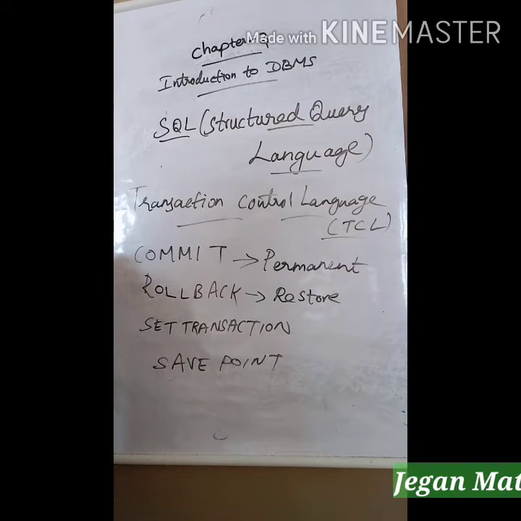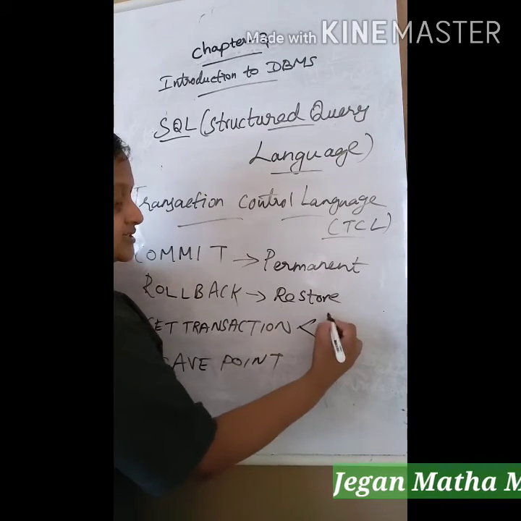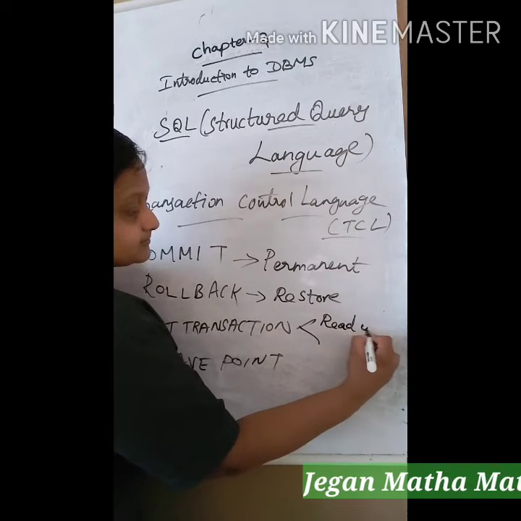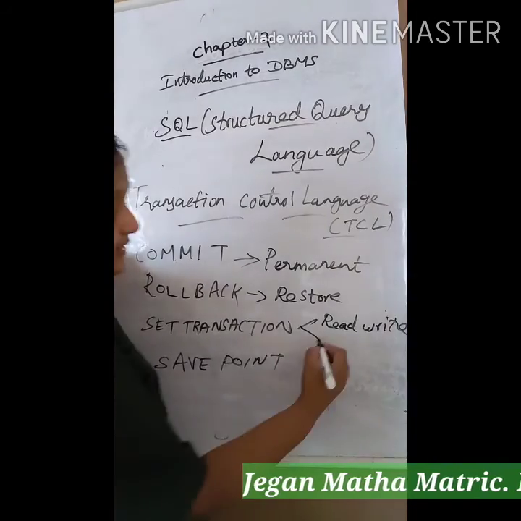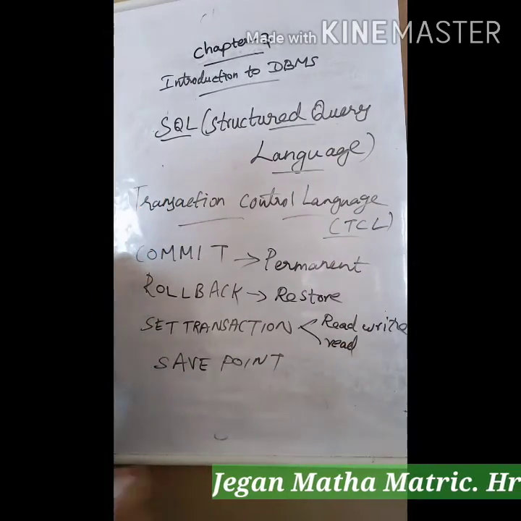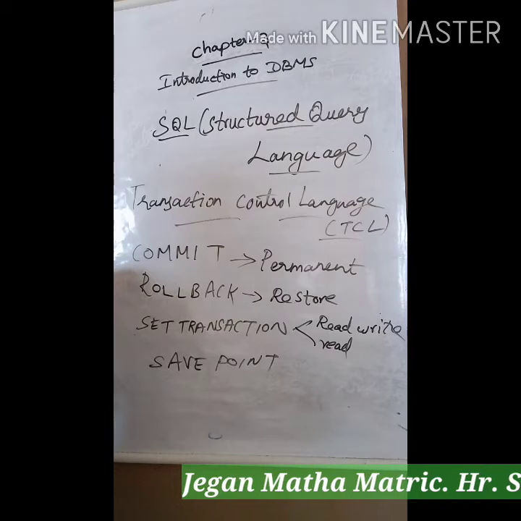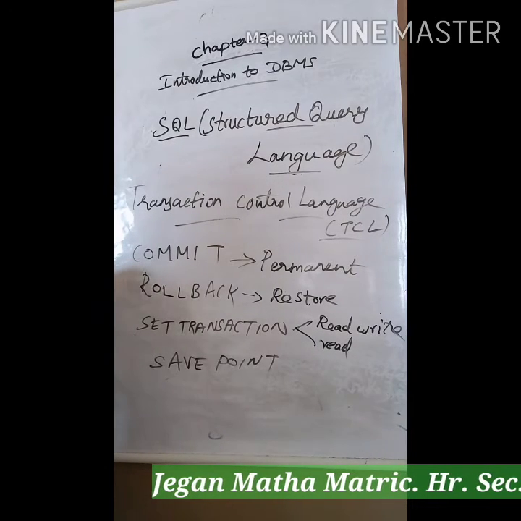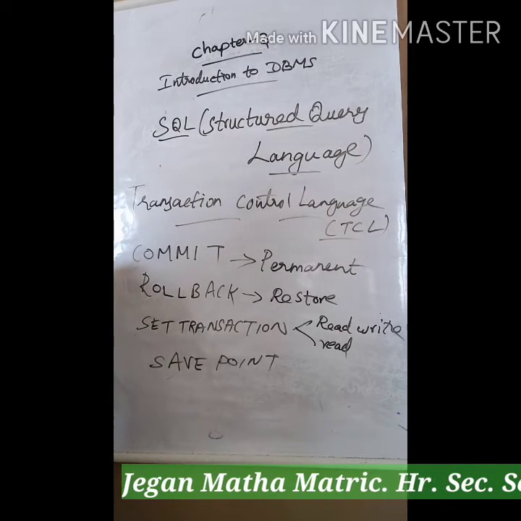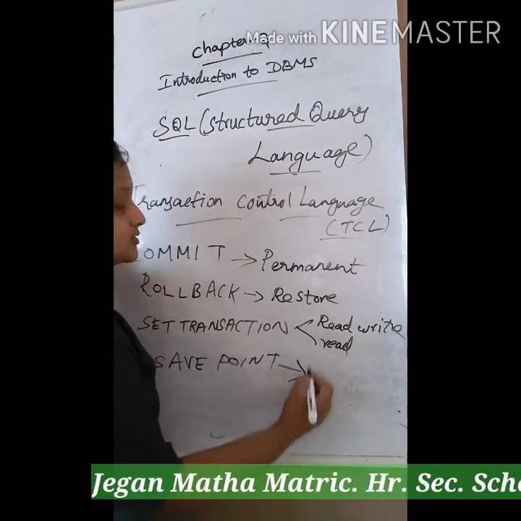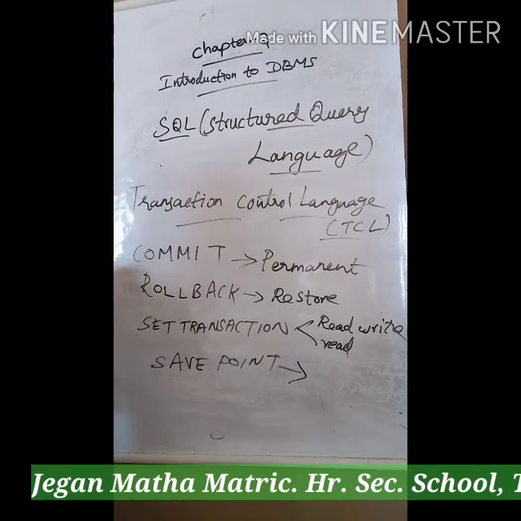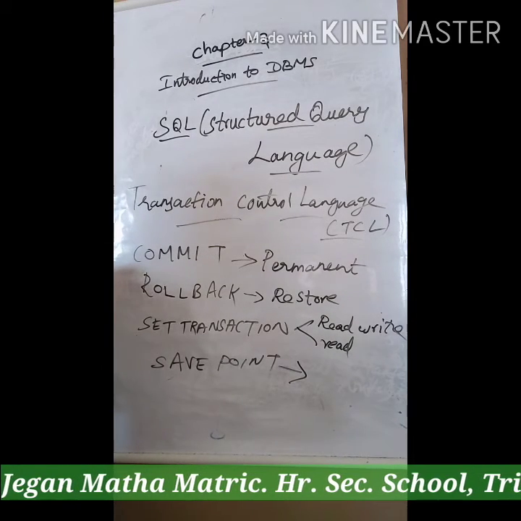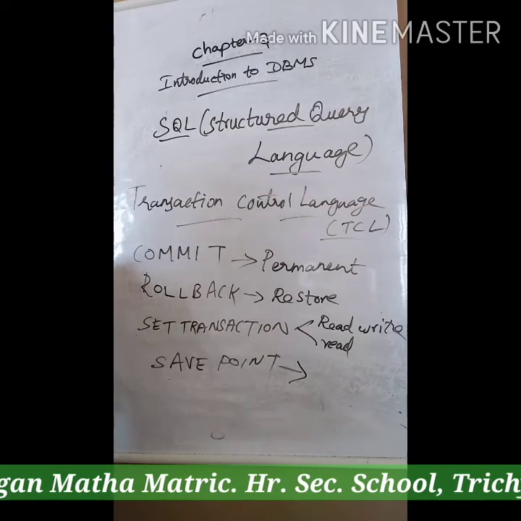This command sets the transaction properties. It has two access modes: one is read write, and the second one is read only. The last one is savepoint. This command is used to store the data temporarily. So the commit command is used to store the data permanently, and savepoint is used to store the data temporarily.